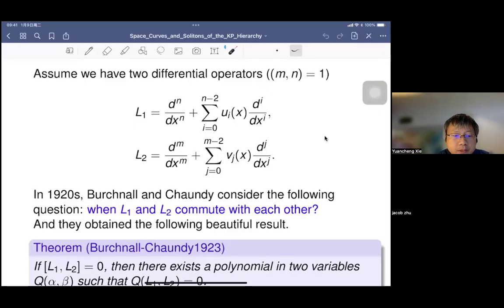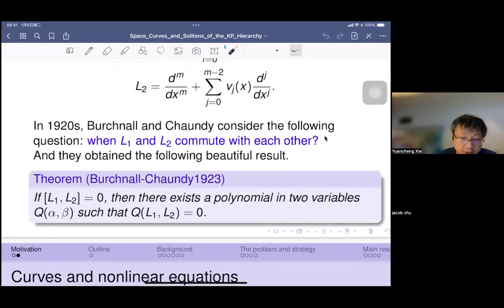Okay. So in the 1920s, Burchnall and Chaundy considered this question of when L1 and L2 commute with each other. And they obtained the following very beautiful result: if L1 and L2 commute with each other, that means their commutator becomes zero, then there is a polynomial Q in two variables, alpha and beta, such that Q(L1, L2) equals zero.